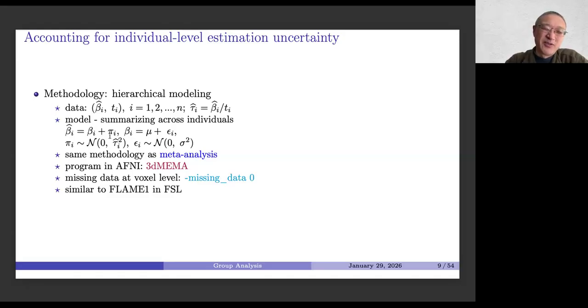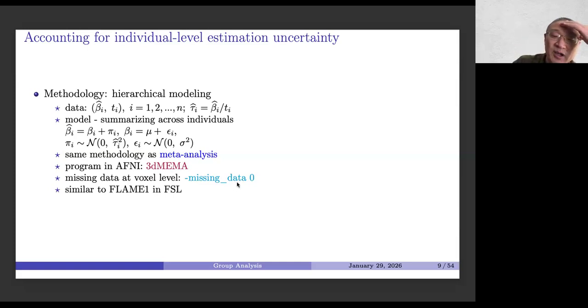If we are familiar with meta-analysis, this model is the same model. We have two random terms: the cross-participant variability, then the residuals. If we solve it, we can get results similar to 3dttest++. This program is called 3dMEMA, mixed-effects multilevel analysis.